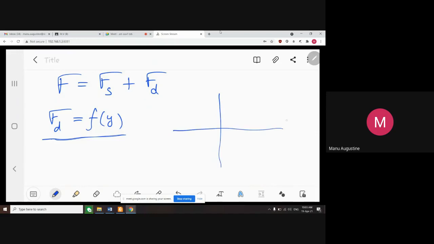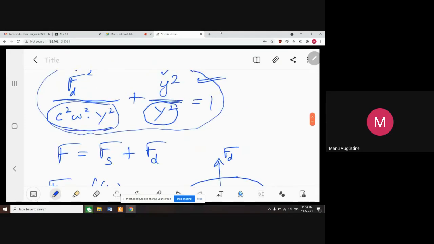And we saw that the graph for FD as a function of y was an ellipse, where FD was taken as the dependent variable and your displacement from mean y was taken as the independent variable. You found obviously from this expression, the bottom part of FD is c square omega square y square.